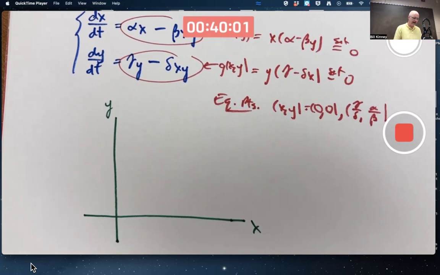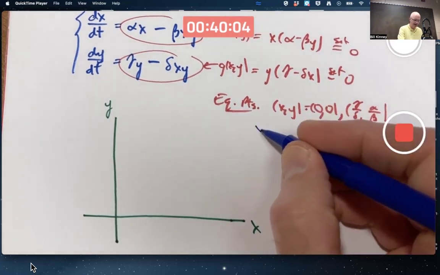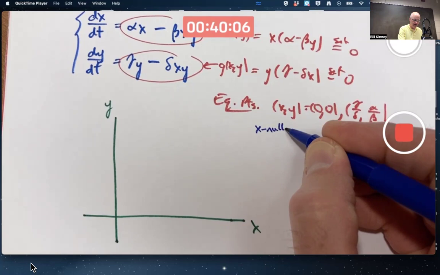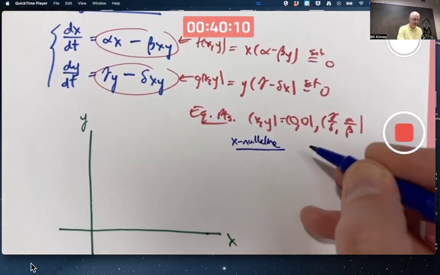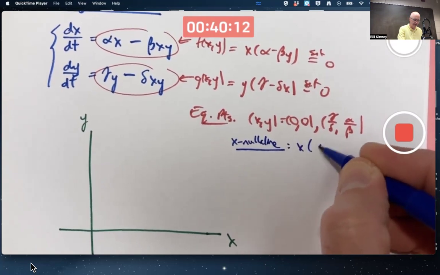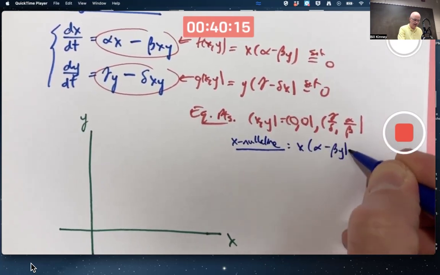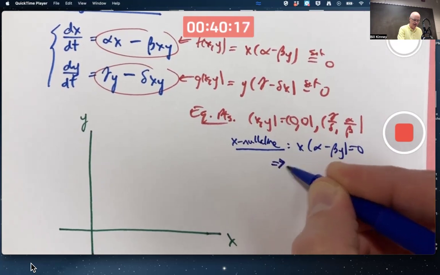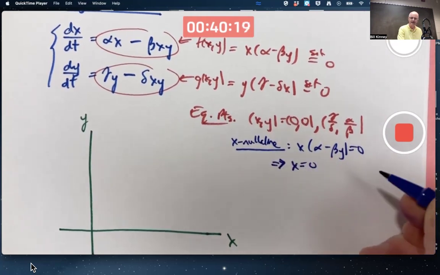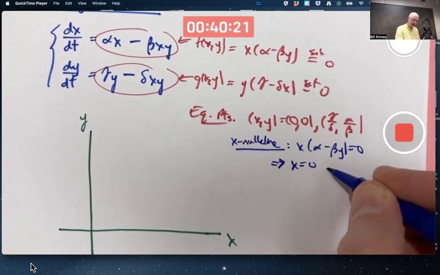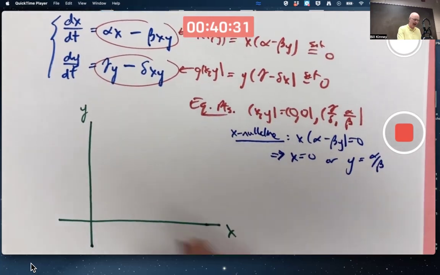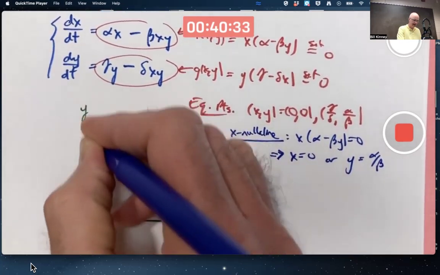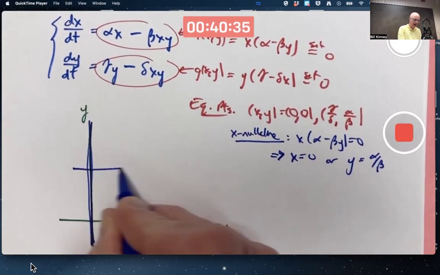The x nullcline, and yes, I do call it an x nullcline now instead of an r nullcline, is where dx/dt is 0, which is going to lead to the vertical line x equals 0, the y-axis. Also, the horizontal line at y equals alpha over beta.